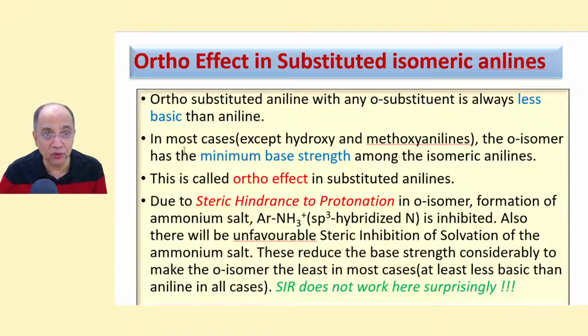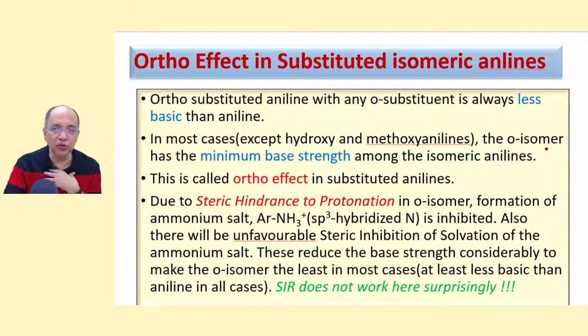Now let me read out. Listen, ortho substituted, my favorite color. Ortho substituted aniline with any ortho substituent is always less basic than aniline. At least always they are less basic than aniline. In most cases, excepting the methoxyaniline, where meta will be the strongest.